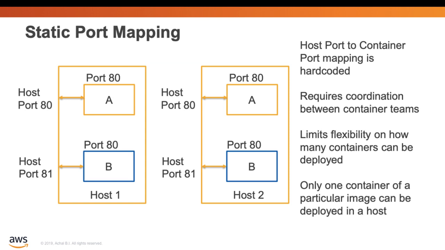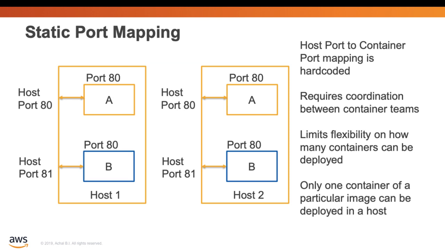So the port to container mapping is hard coded. So if you have an image, and if you want to run that image in your EC2 container host instance, then only one container can run on that.